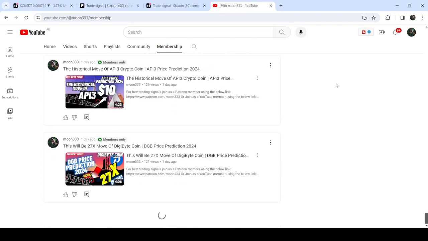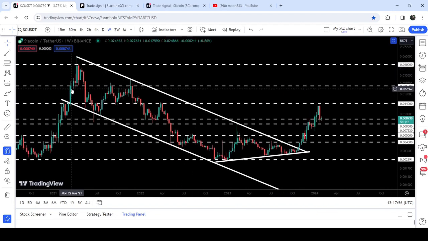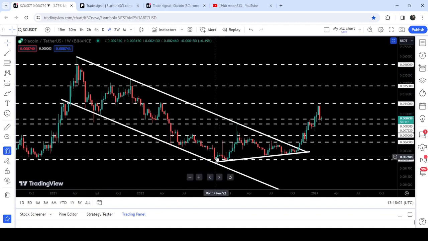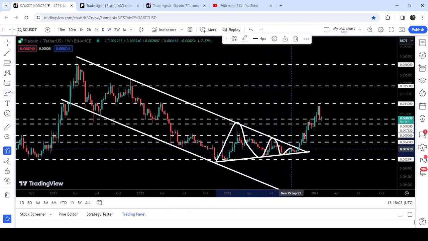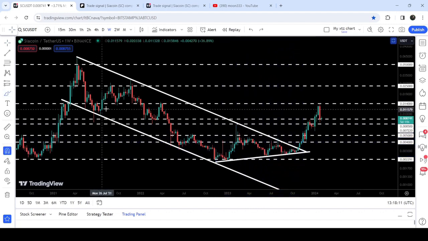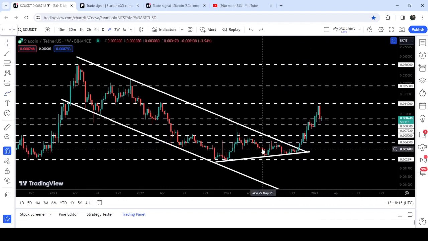Now let me take you to the live chart of Siacoin, and this is the 7 days time frame chart, and you can see that previously, since after the month of March 2021, it was moving inside this quite long-term down channel. And from the month of November 2022, it started forming this symmetrical triangle. And after getting squeezed, finally, the price then broke out the resistance of this triangle. And then we had a very nice pump.